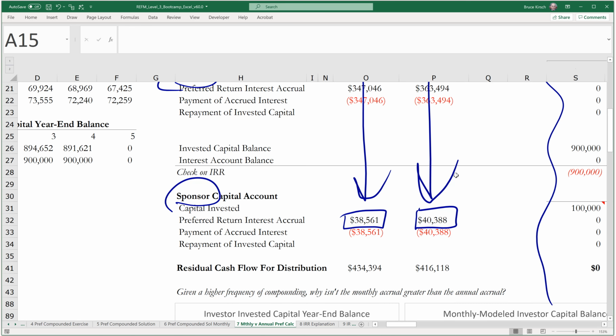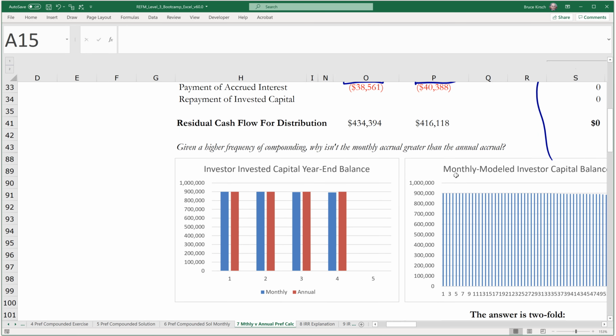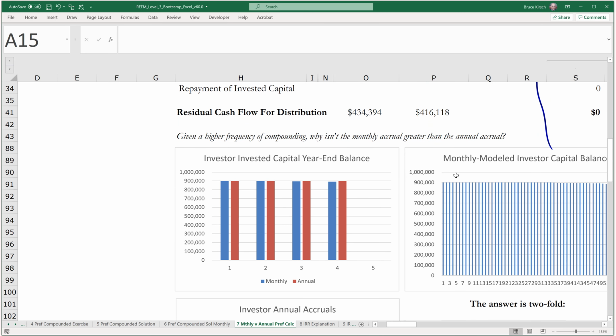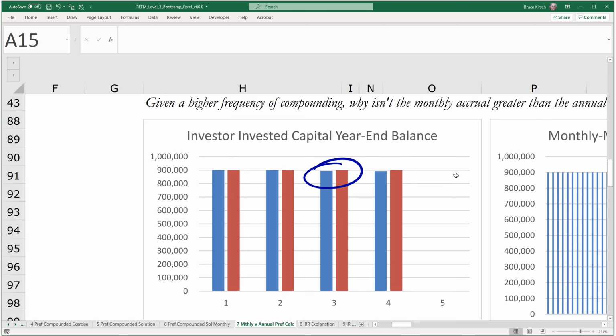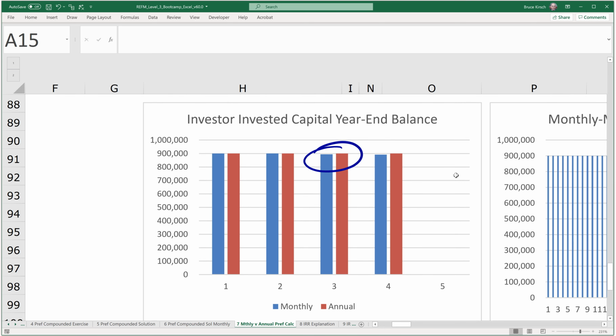And if we take a look at the investor capital year-end balance, it's a very fine distinction, but if you look at years 3 and 4 here, where the blue line is the measurement on a monthly basis, you see that the capital year-end balance is actually less than when it's measured annually.